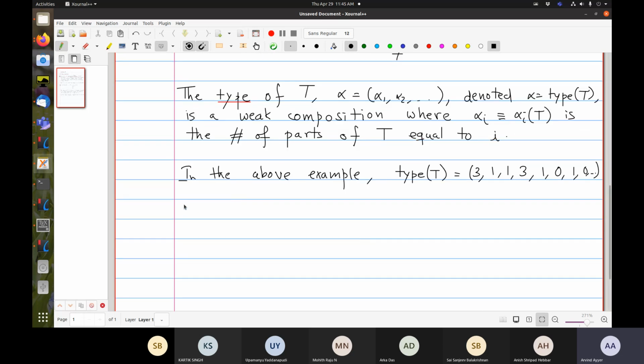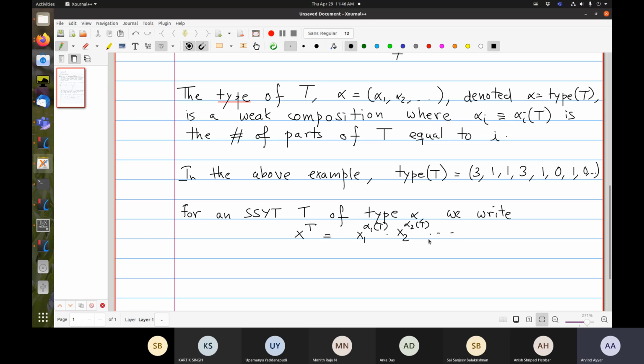For an SSYT T of type alpha, we write x to the T, which will mean x1 to the alpha 1 of T, x2 to the alpha 2 of T, etc. So it's a product.